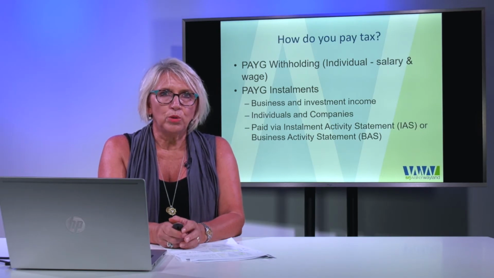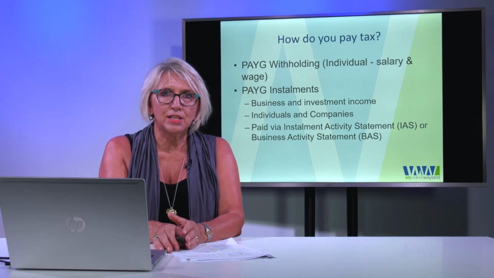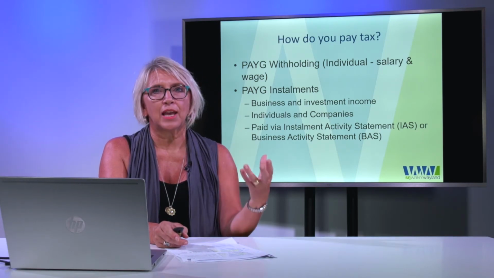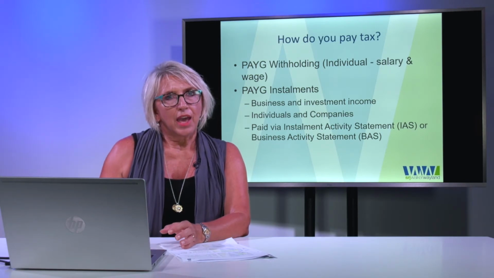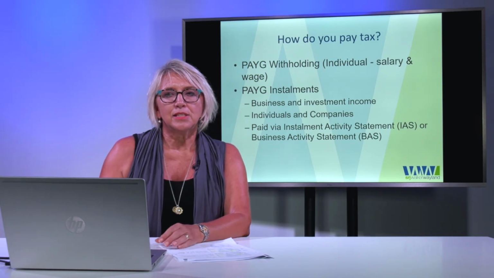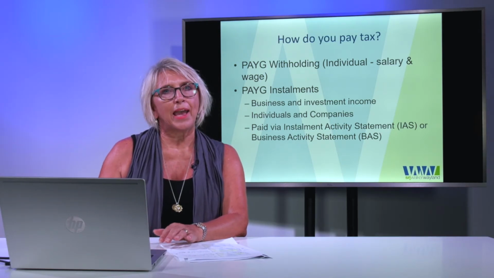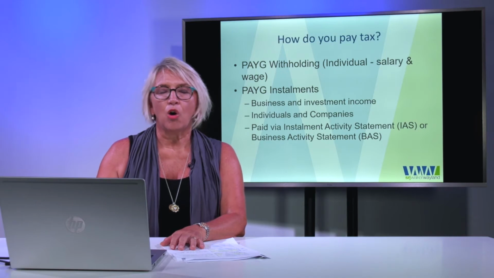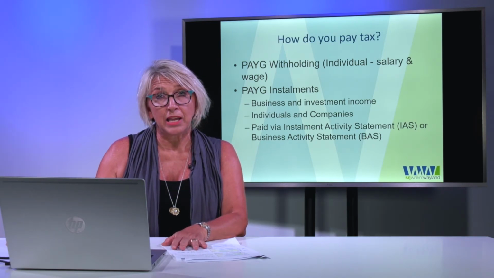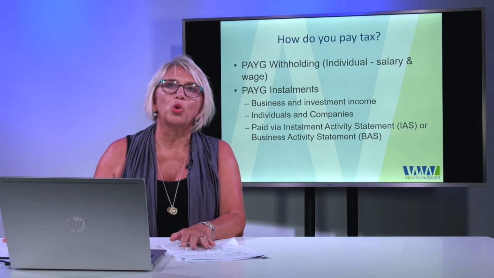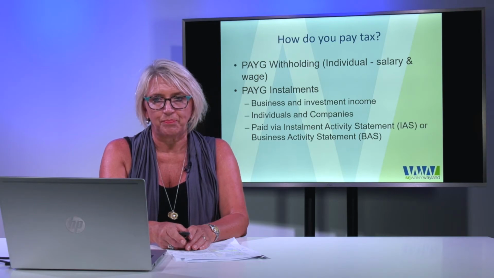As an individual, you will pay pay-as-you-go withholding, which is the tax that your employer withholds from your salary on your weekly or fortnightly basis. The other way that you pay tax is through pay-as-you-go instalments. Business taxpayers will pay pay-as-you-go instalments on business income, and any individuals with investment income exceeding certain thresholds will also start to be brought within the pay-as-you-go instalment regime.